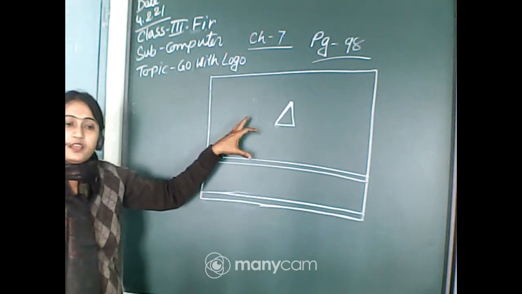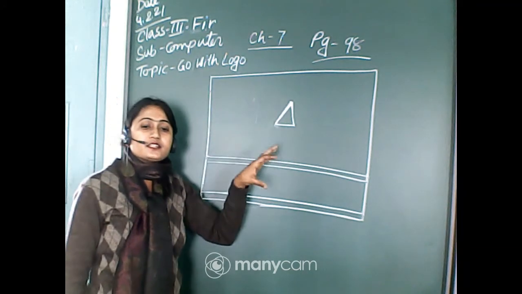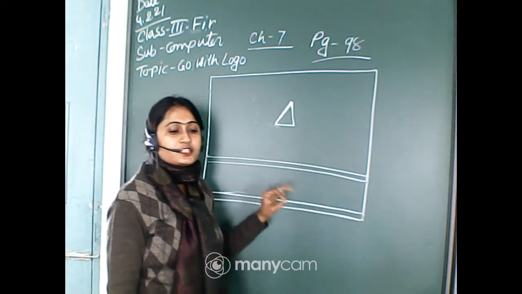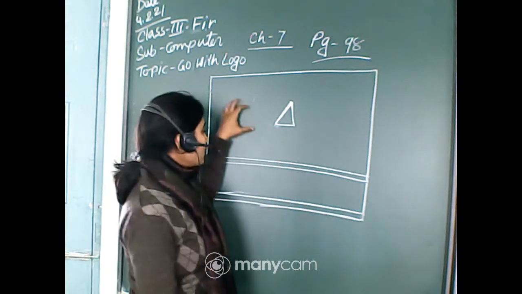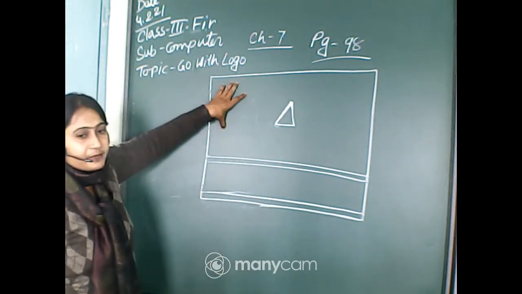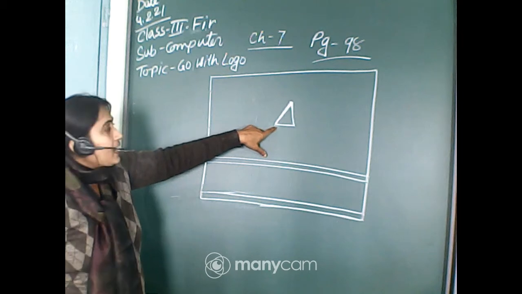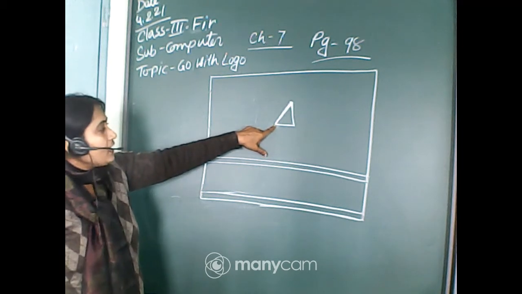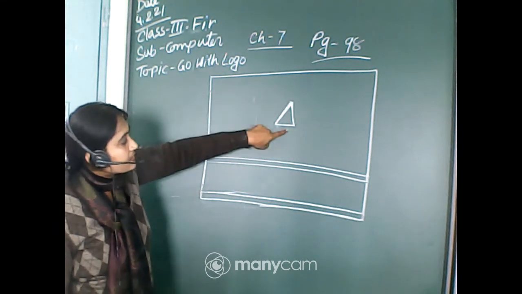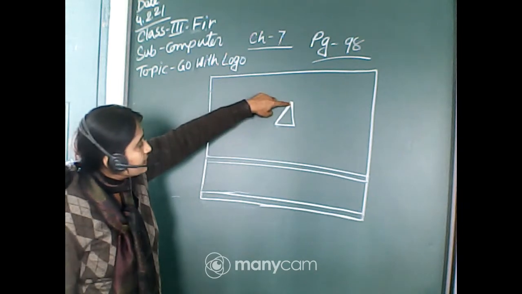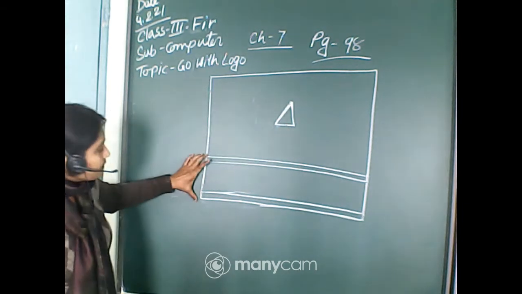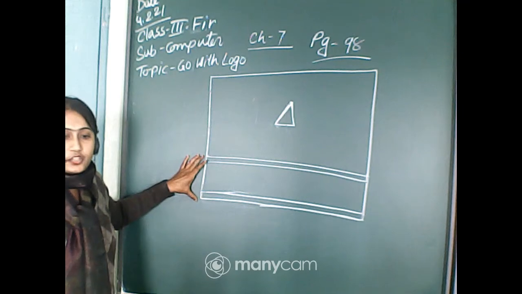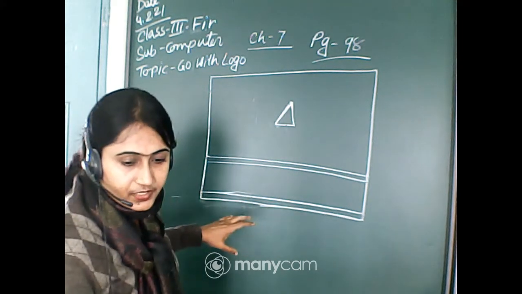Center of the screen means the main screen, not the full screen. This is the head of the turtle and this is the tail. This portion is called the commander window.